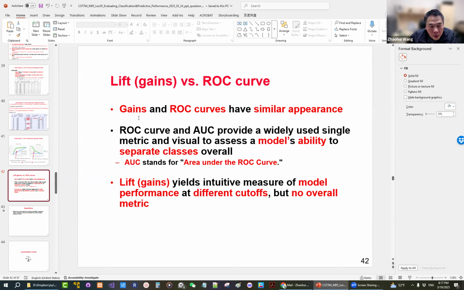Yeah, in the ROC curve and also the AUC value, the area under the curve, both provide the possibility to assess model ability to identify the classes.